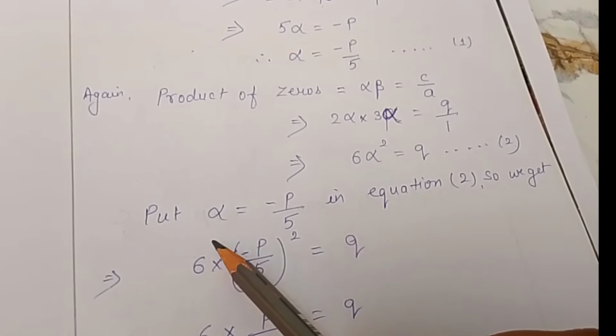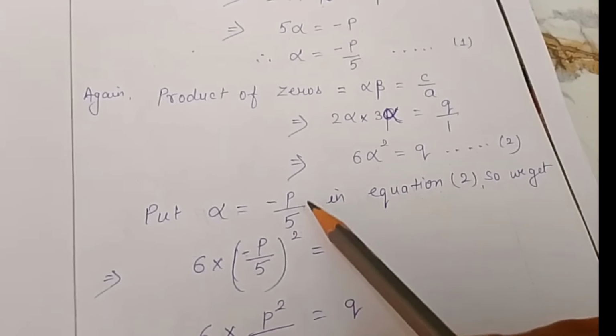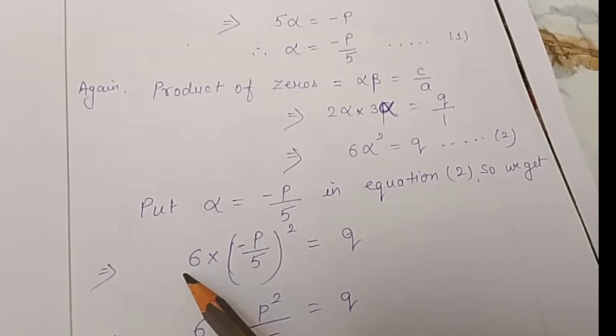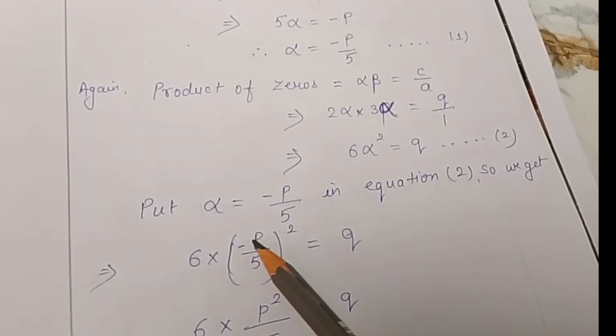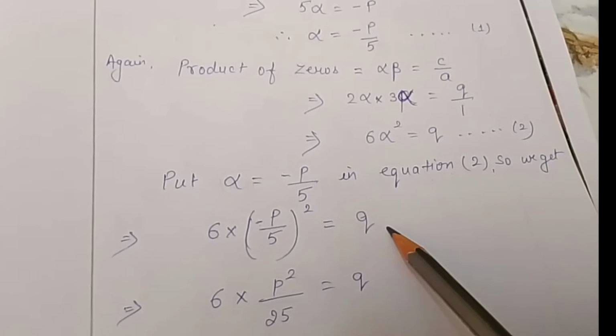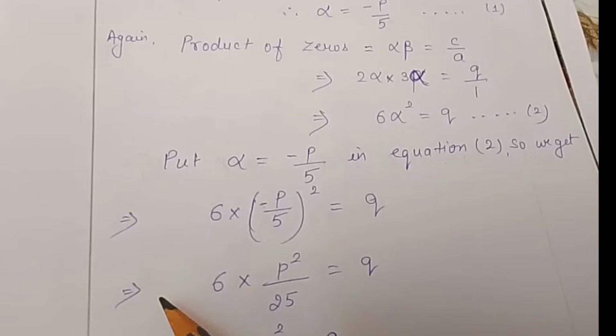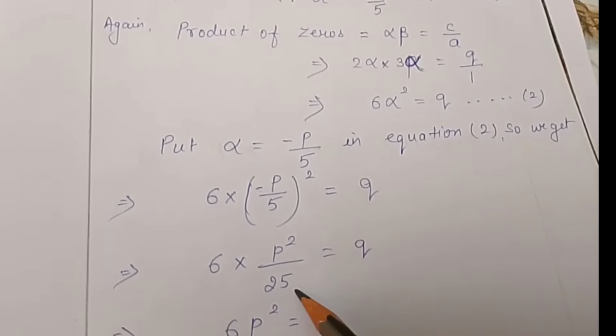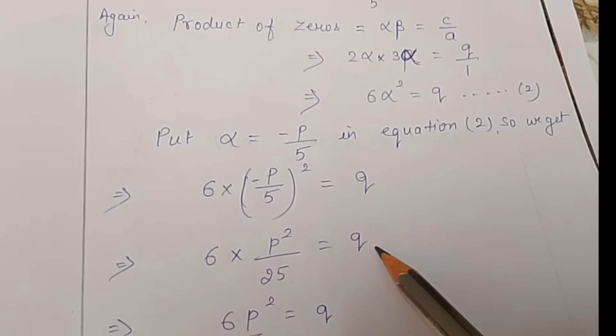Substitute alpha = -p/5. Then it becomes 6 into (-p/5)² = q. This implies 6p²/25 = q.